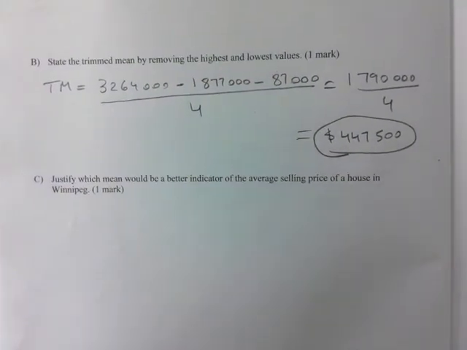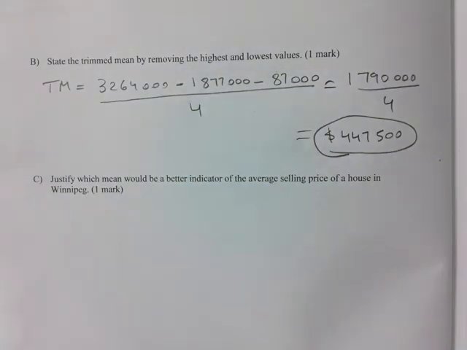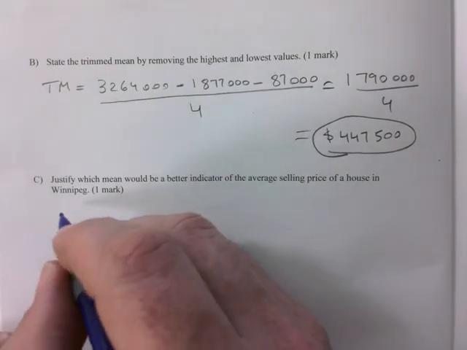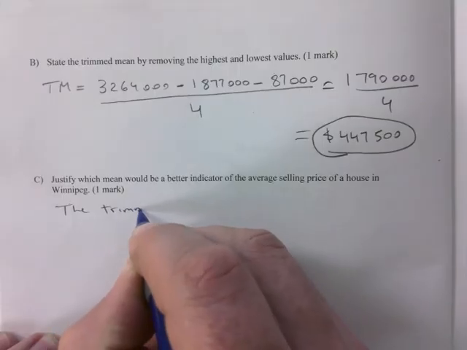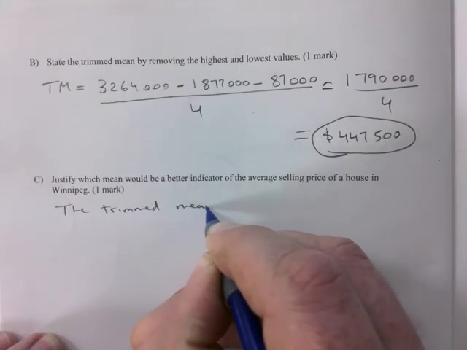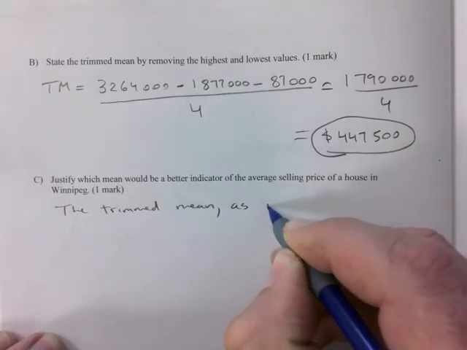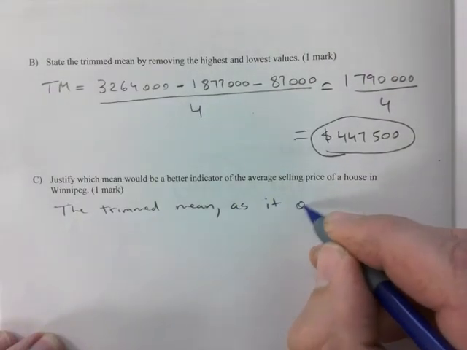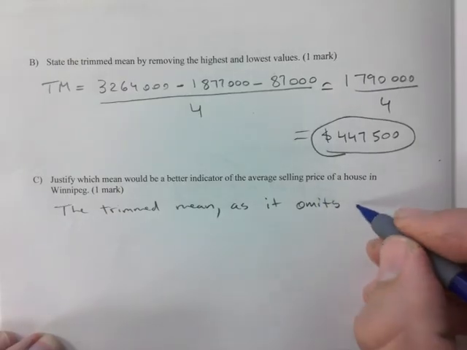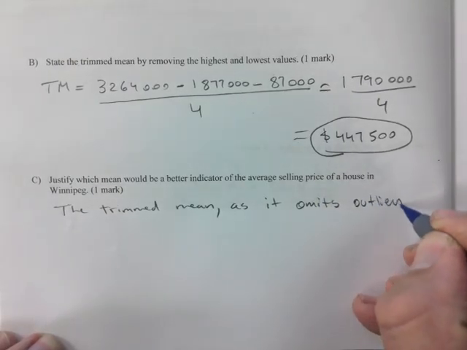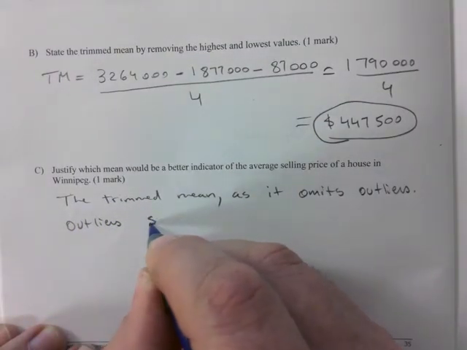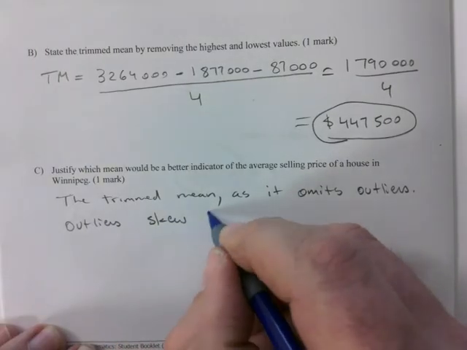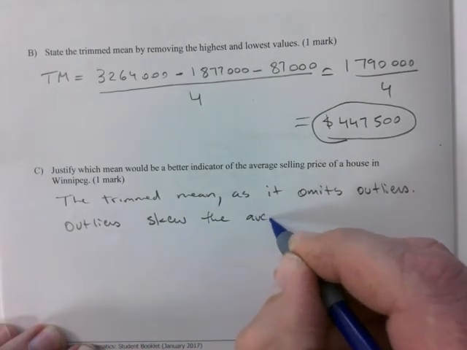It says here, justify which mean would be a better indicator of the average selling price of a house in Winnipeg. And I would say the trimmed mean, as it omits outliers. Outliers skew the average.